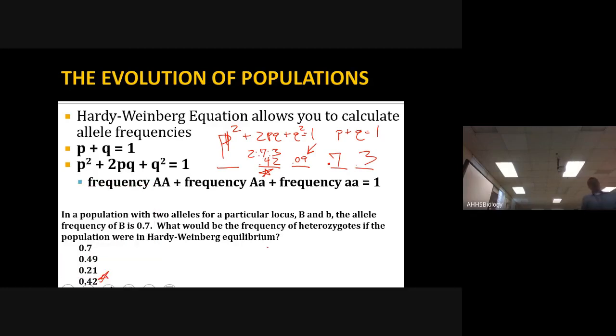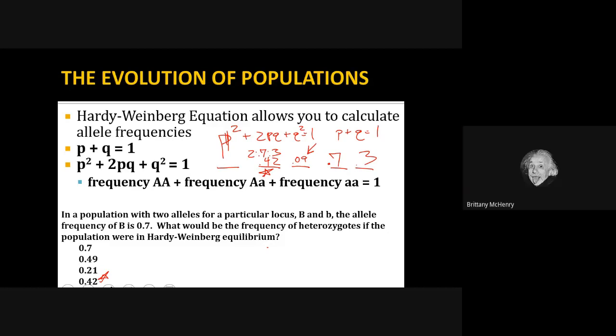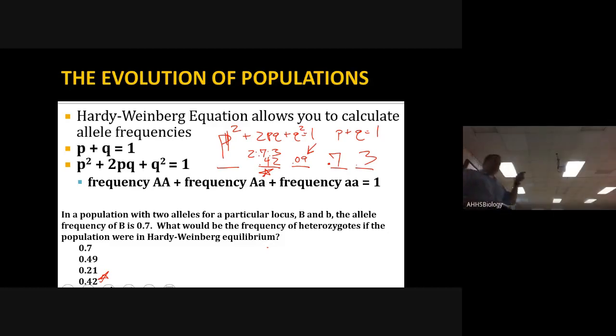There's one other little wrinkle that they might ask. Like, if this was a population of 1,000 individuals, how many would you predict would be heterozygous? It's kind of the same question, and kind of a different question, right? 420, because that's a frequency.